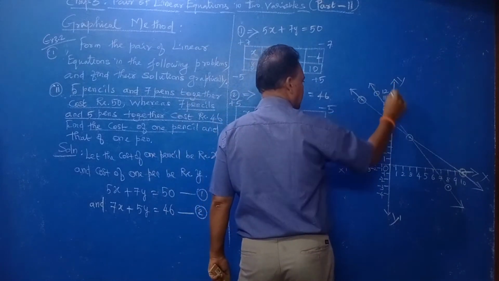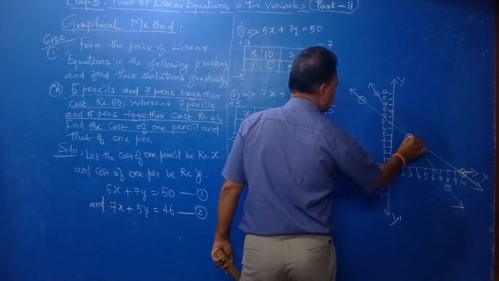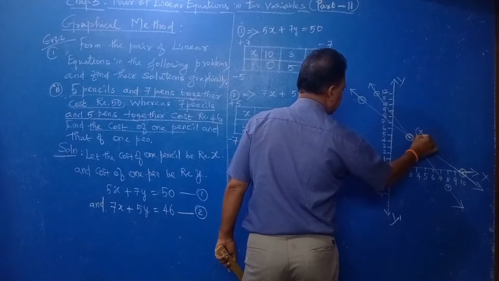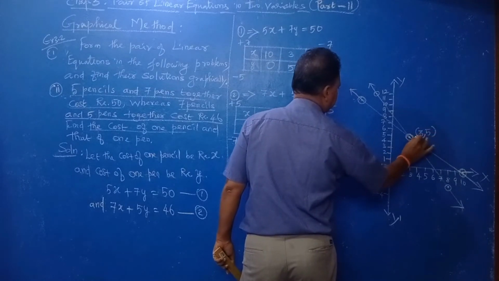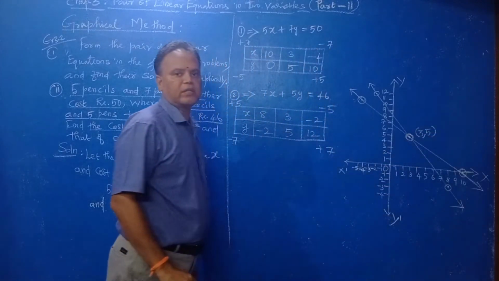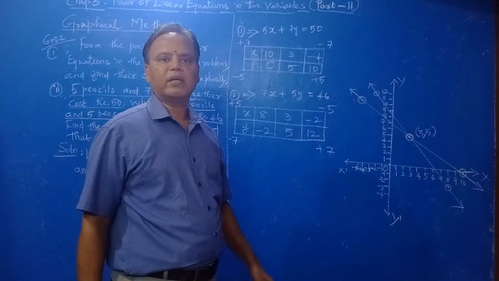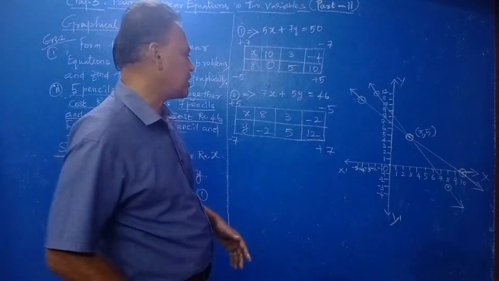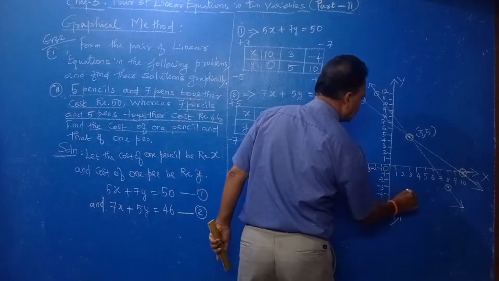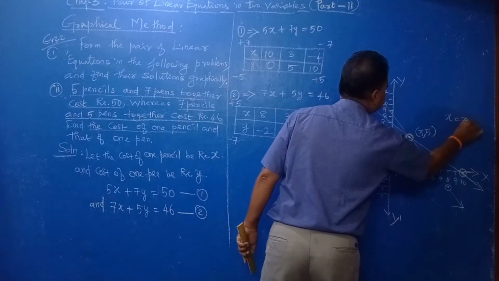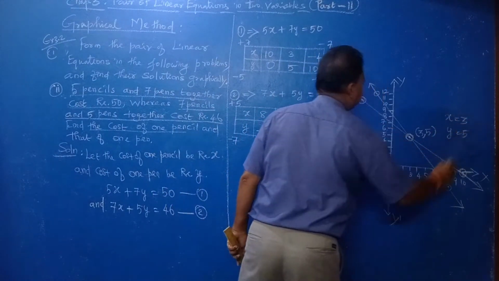So this is the solution graphically: 3, 5. That means x is 3, y is 5. X is equal to 3, y equal to 5.